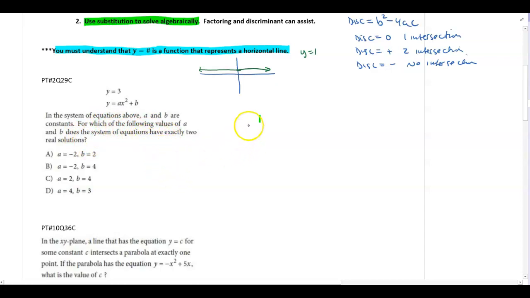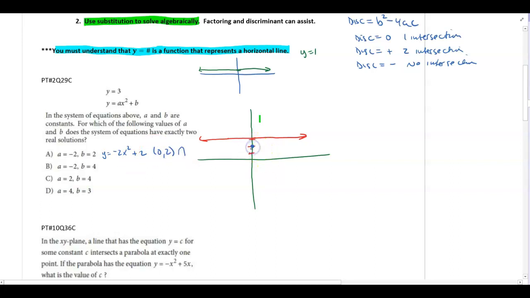Now, here's the thing. You can graph this in the calculator, but just by knowing simple basics, if I graph the line y equals 3, it would look like this. If this is y equals negative 2x squared plus 2, the vertex is going to be 0, 2, and it's going to open down.